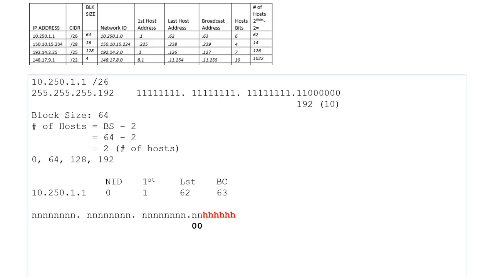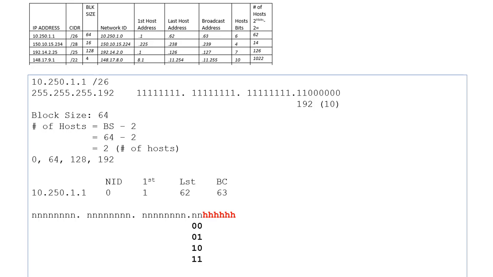Then our next block, 0, 1, and I'm counting in binary, 1, 0. This is why it's so important that you understand the conversion between binary, decimal, and hex. 1, 1.